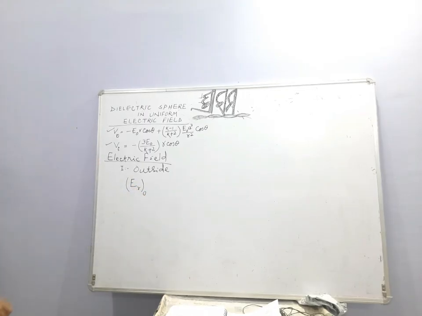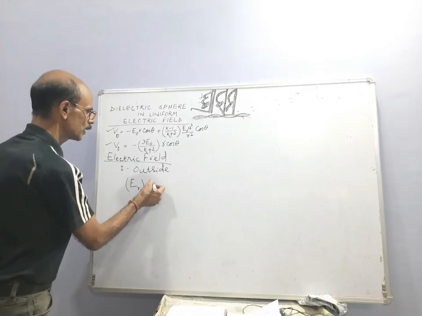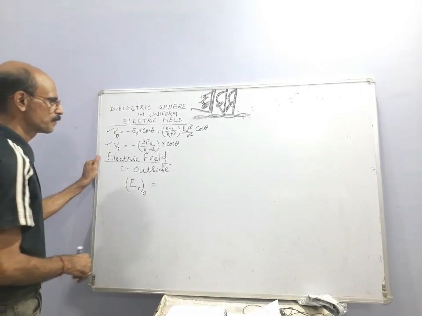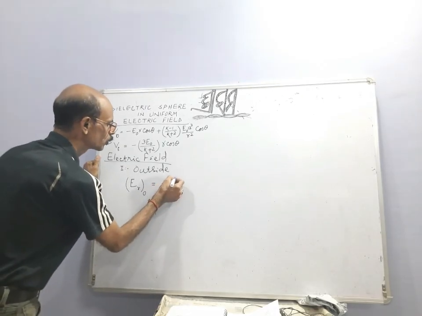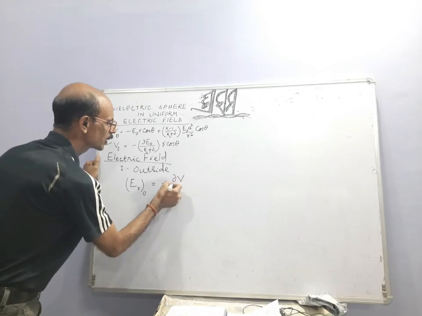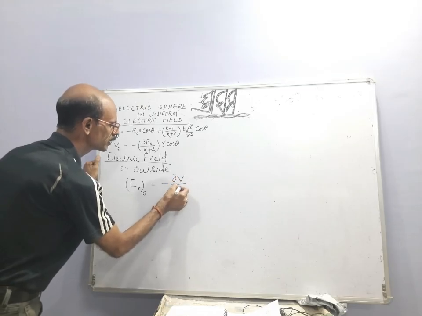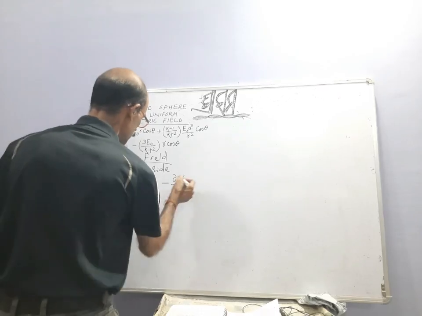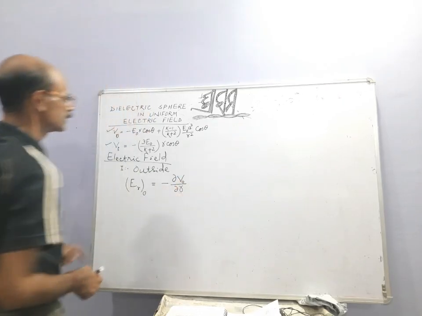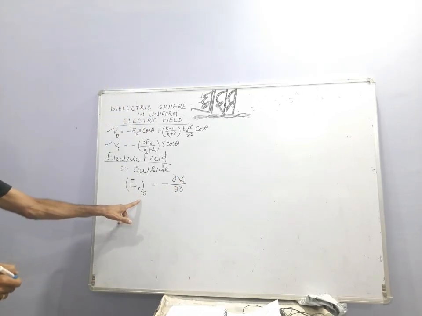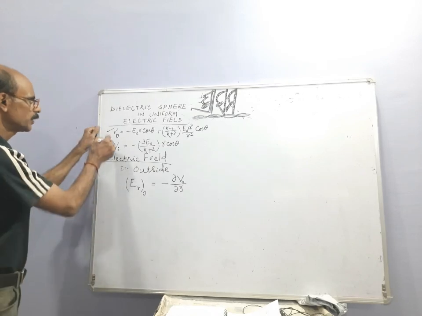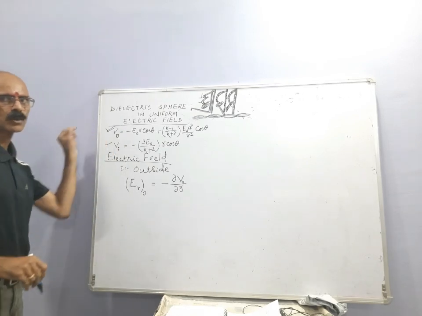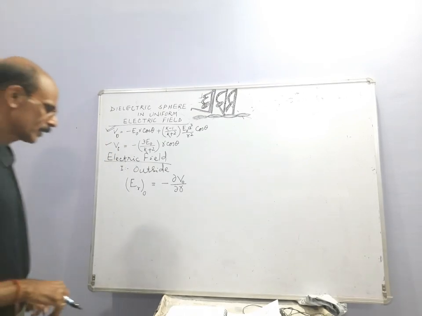Let me write E_r outside. Then we know that it is equal to the negative potential gradient. And since it is outside the sphere, we will consider the potential outside the sphere. Alright?